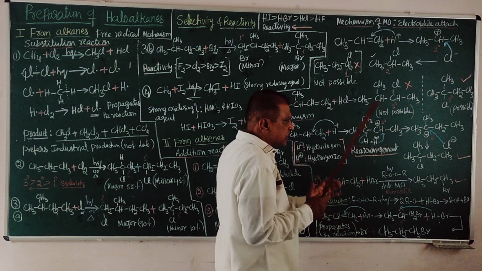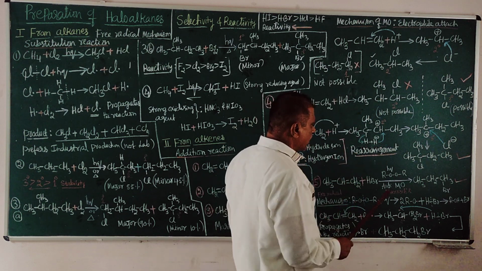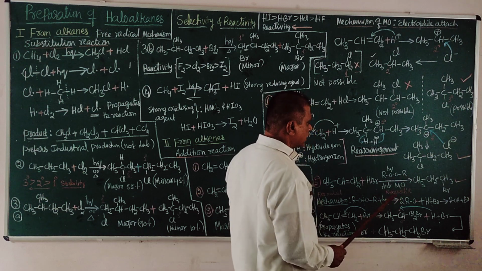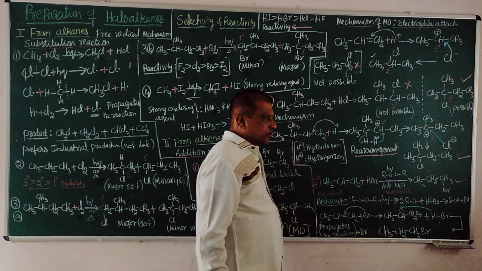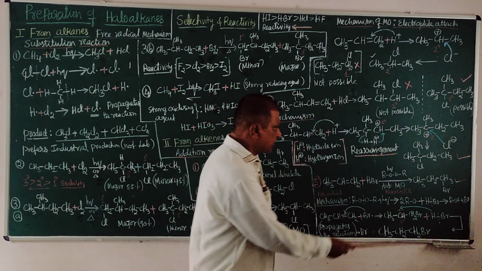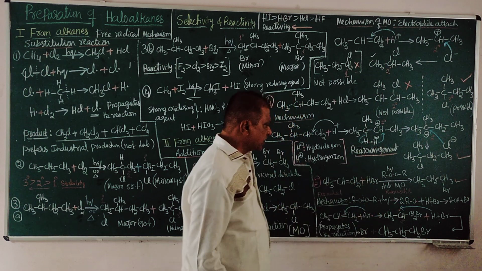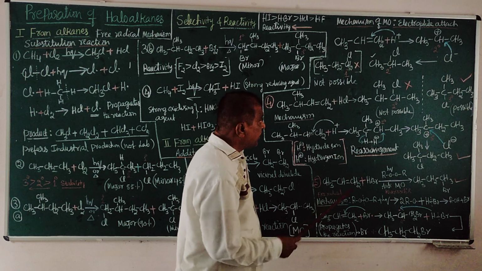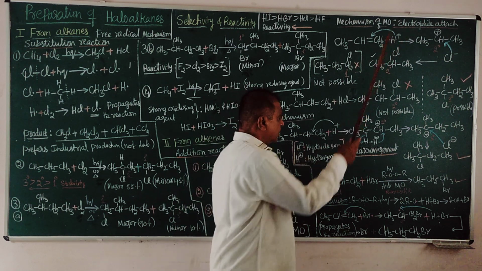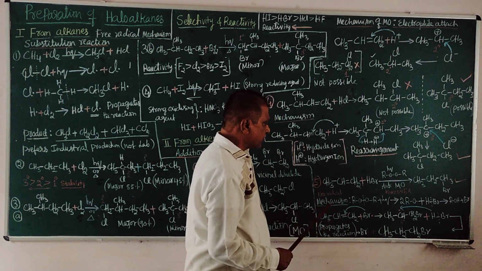Exactly reverse. The addition is exactly the reverse of Markovnikov. It is called the anti-Markovnikov addition, the peroxide effect. Now you get this compound, not the compound like this. What is the reason? The mechanism is not electrophilic attack, it is a free radical mechanism.